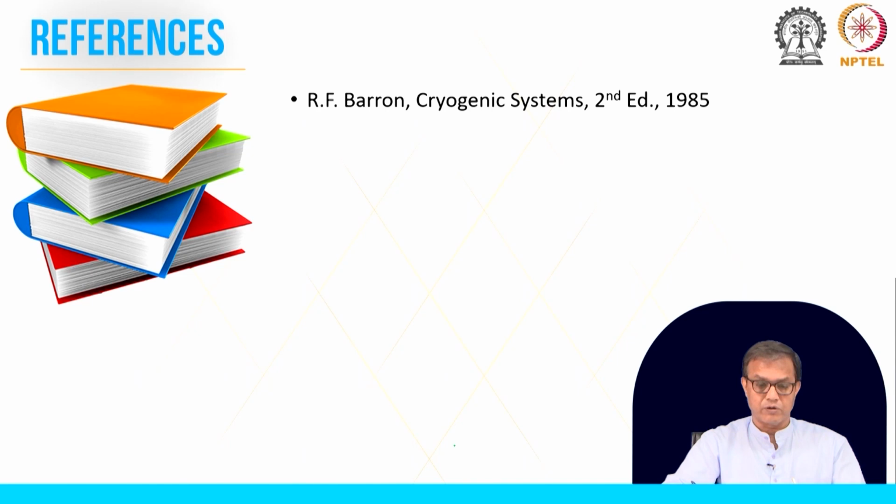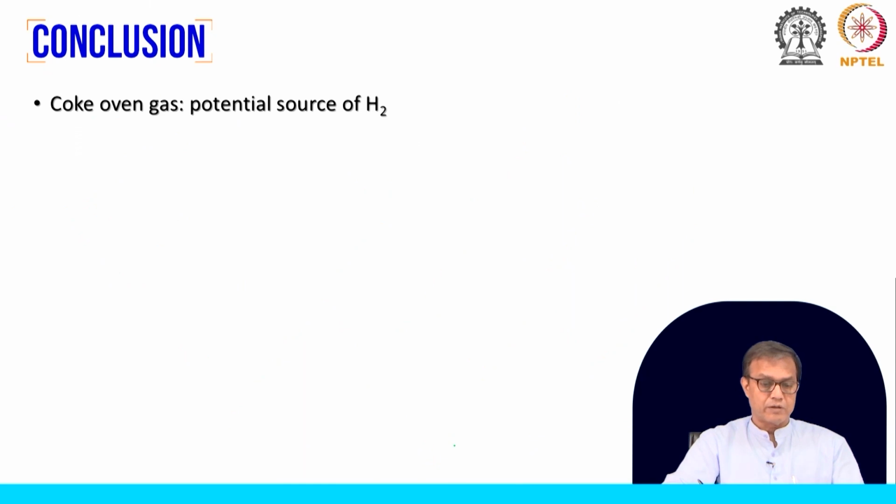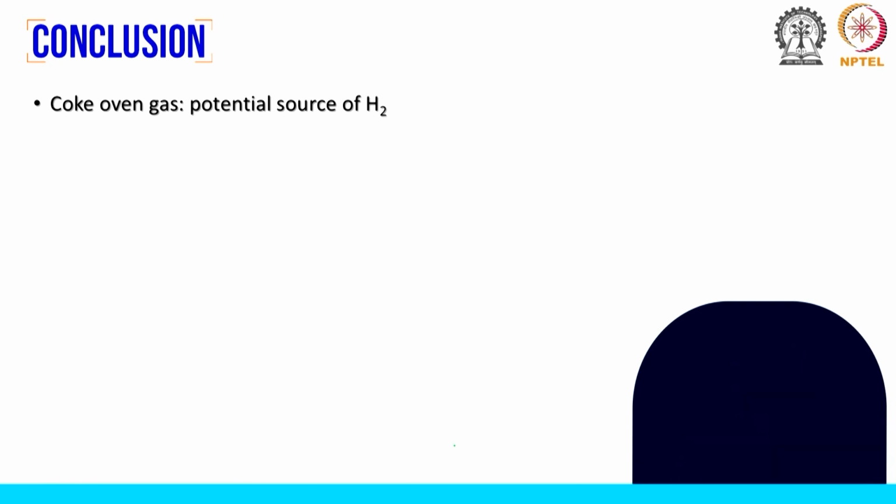This has been taught mostly from the cryogenic systems by Baron. So, here comes the conclusion that again this is a potential source of hydrogen. Coke is anyway necessary for the steel making process, and along with that this coke oven gas can be a potential source of gaseous hydrogen.